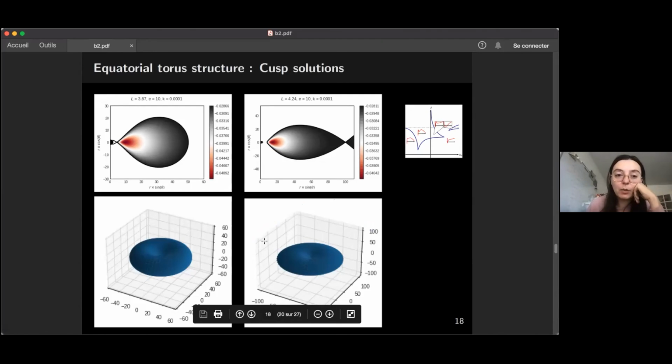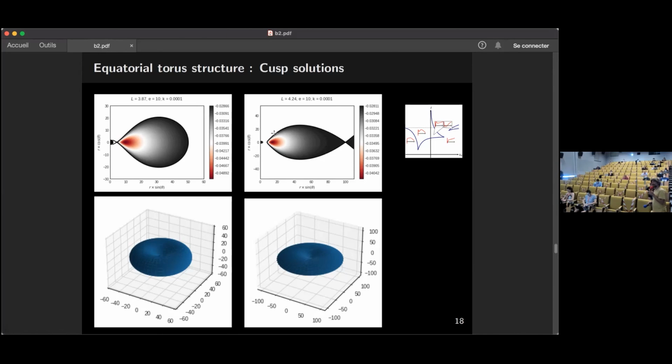They can have constant angular momentum, or they can have omega equal to constant. The off-equatorial tori, if I remember well, we only have them with L equal to constant, not in rigid rotation. It's not possible. And the polar clouds are the opposite. They are not possible with L equal to constant. They are only possible with omega equal to constant.